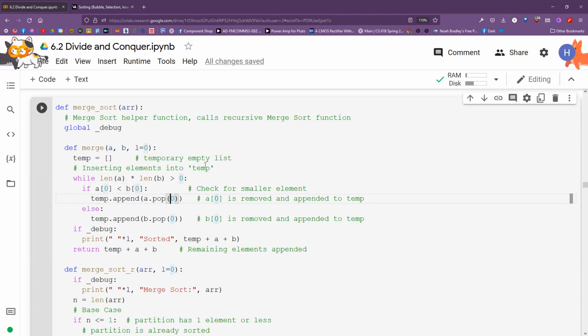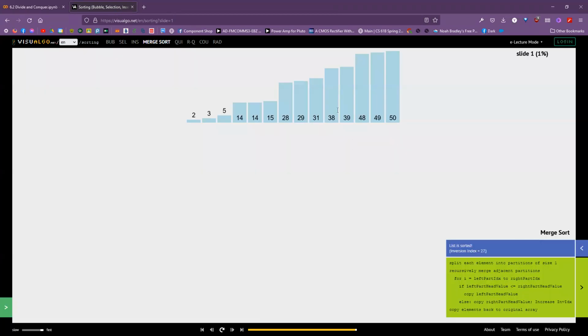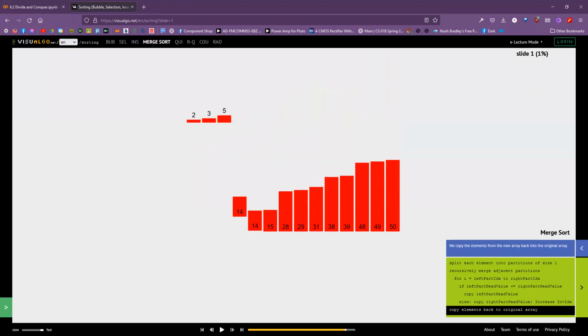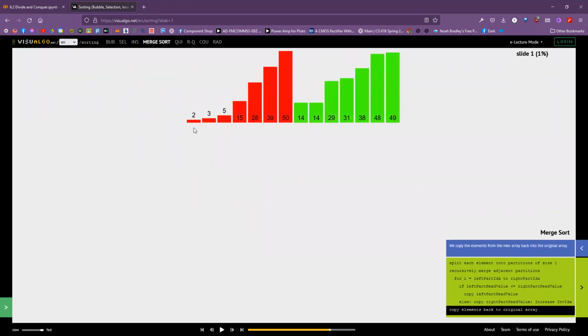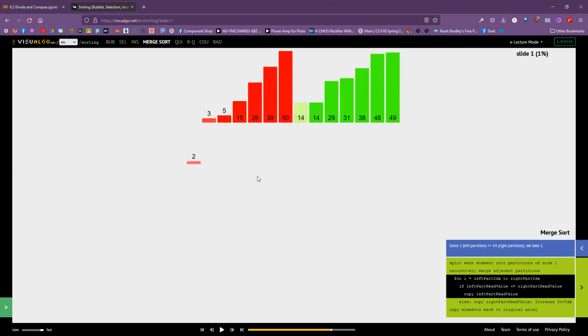So essentially, it's doing yung nakikita natin dito kanina. So, going back. Ayan, compare 2 and 4, and 2 and 14, mas maliit si 2, so we pop it. Yung pag-pop is mare-remove siya doon sa current na list na yun, and then may insert siya dun sa temporary list na yun.